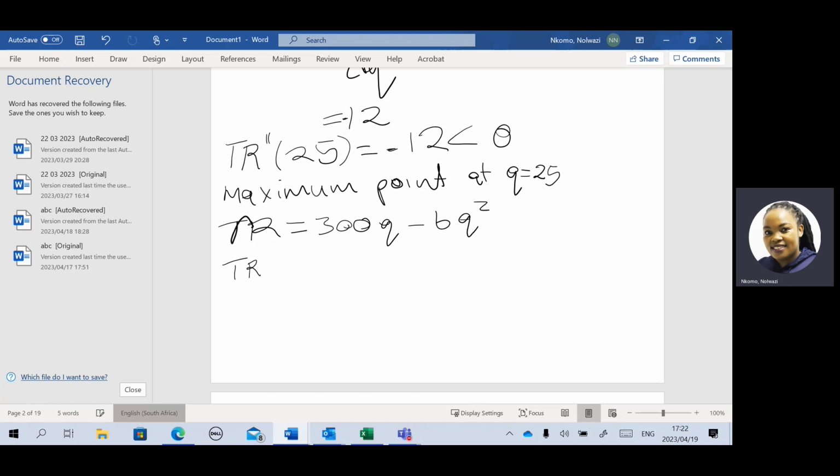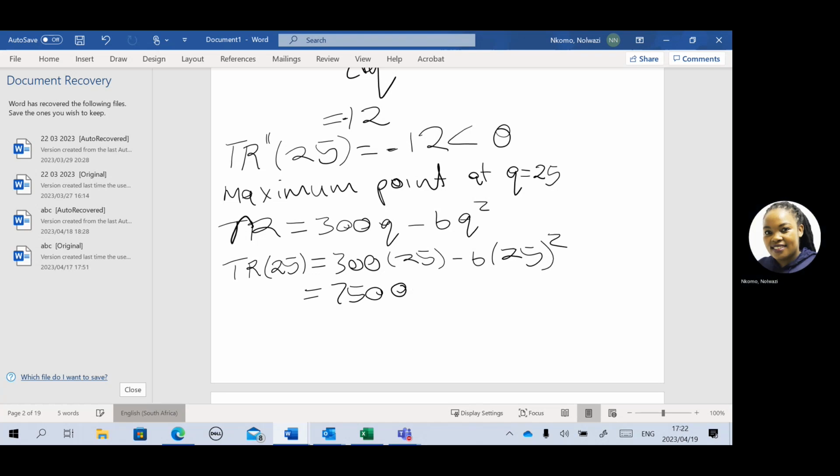Now we need to find the total revenue at 25. So this means we have 300 times 25 minus 6 times 25 all squared. This means we have 7,500 minus 3,750, okay, this will give us 3,750.